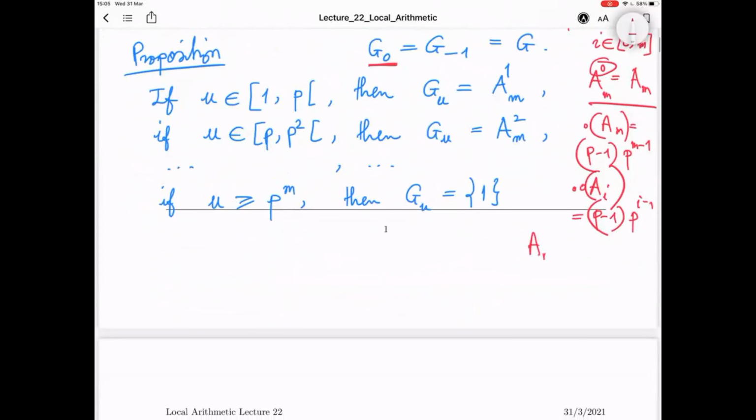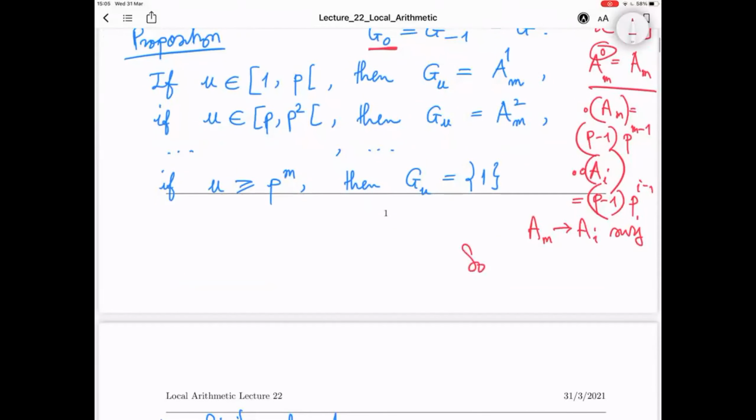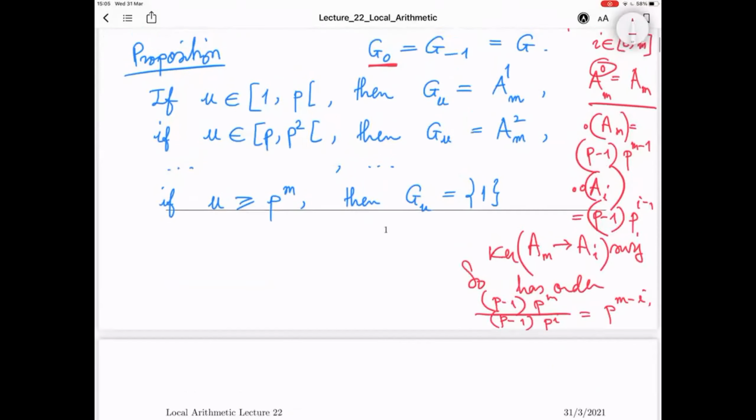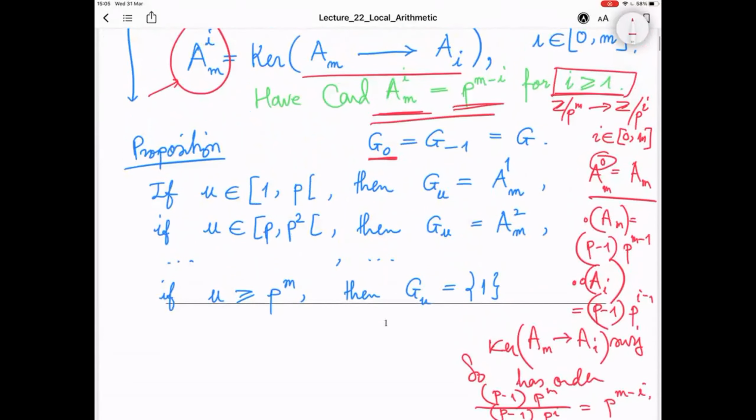This map from A_m to A_i is surjective. So the kernel of this map has order (p-1)p^(m-1) divided by (p-1)p^(i-1), which is p^(m-i). So that's what I said here.